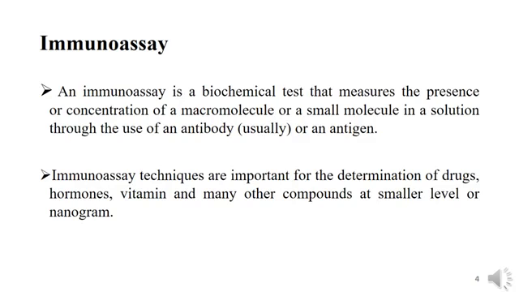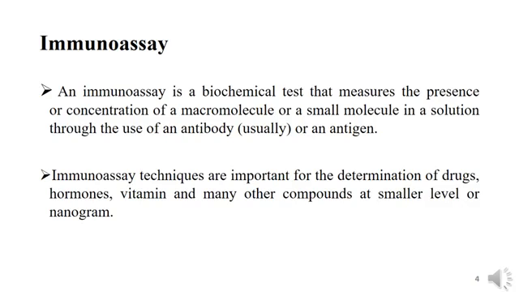One-site non-competitive immunoassay. The unknown analyte in the sample binds with labeled antibodies. The unbound labeled antibodies are washed away and the bound labeled antibodies are measured. The intensity of the signal is directly proportional to the amount of unknown analyte.